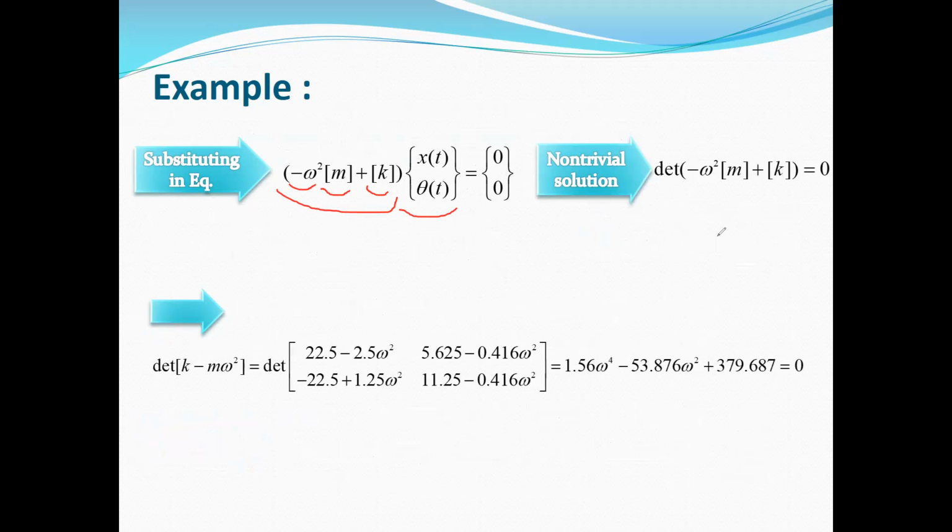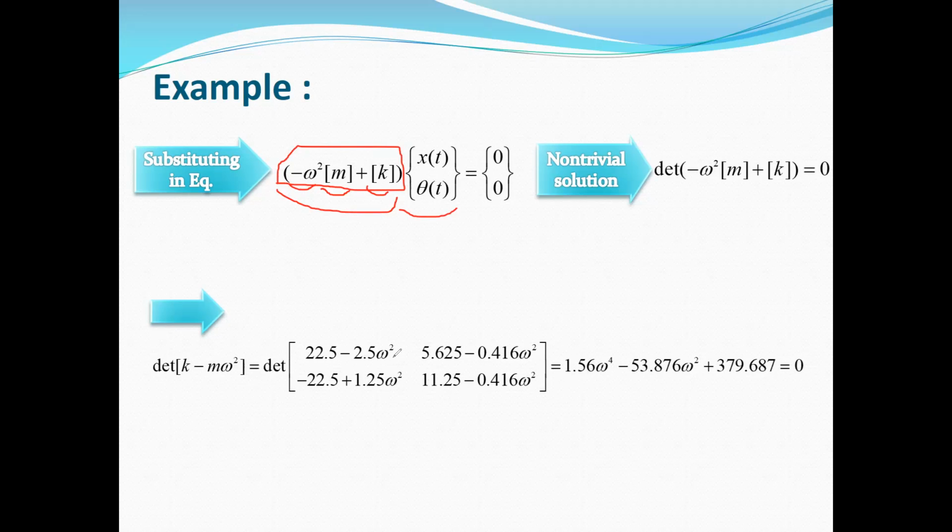For a non-trivial solution, we know that the determinant of the coefficient matrix must be equal to 0 to extract the characteristic equation. So the determinant of this matrix must be equal to 0.